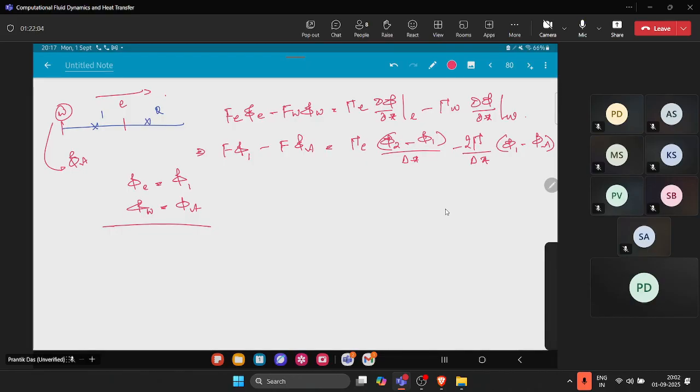So we are using the forward difference formula here.